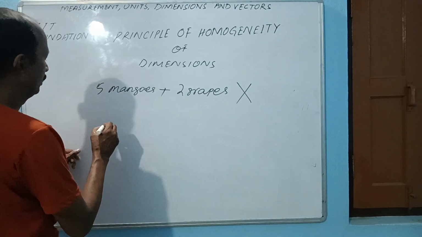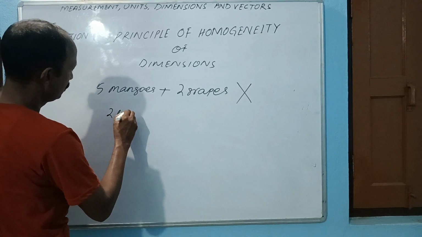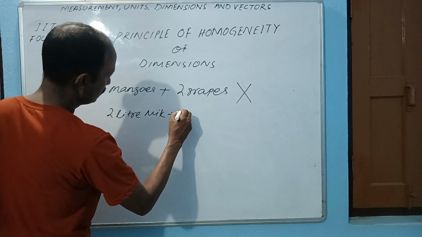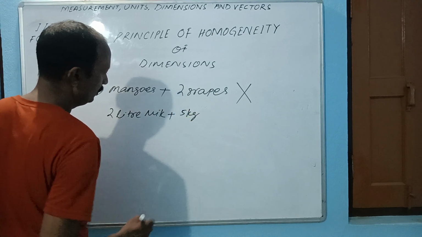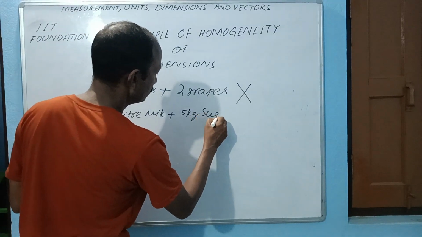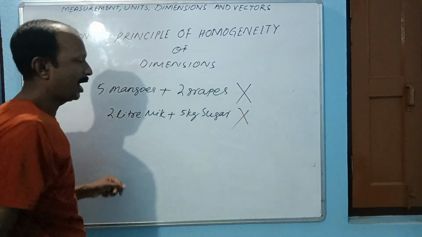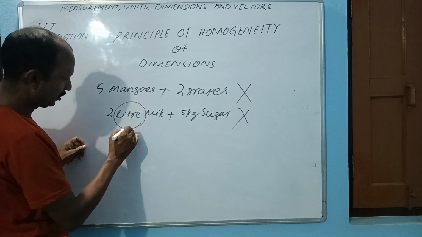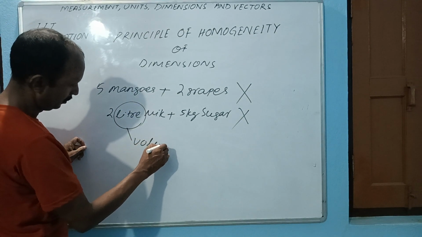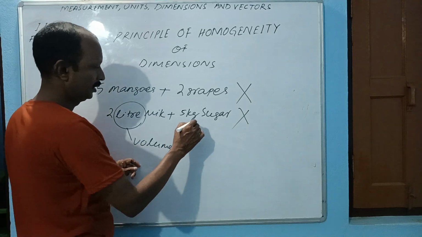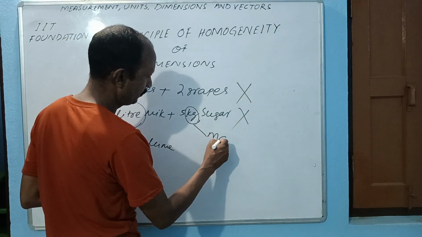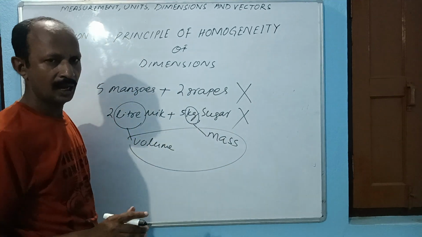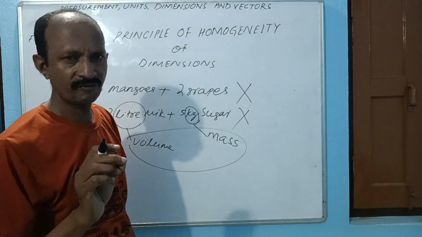See here, 2 liter milk plus 5 kg sugar. I can't add it. The fact is that liter corresponds to volume, kg corresponds to mass. So volume and mass are not similar quantities.